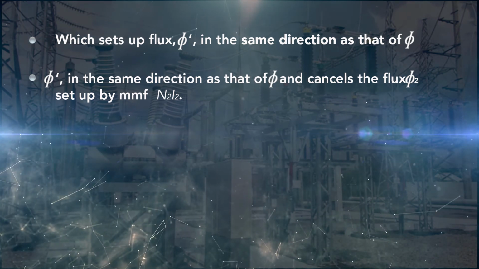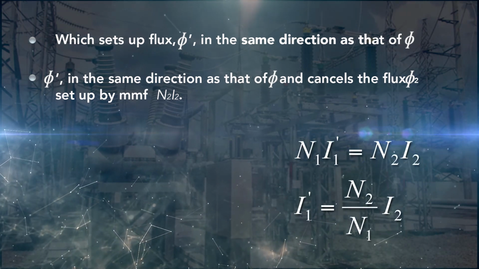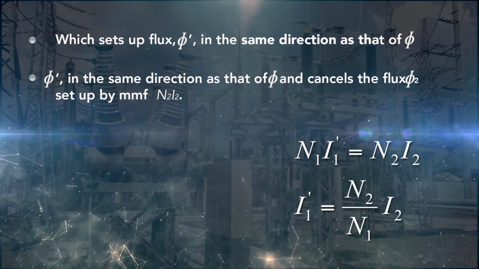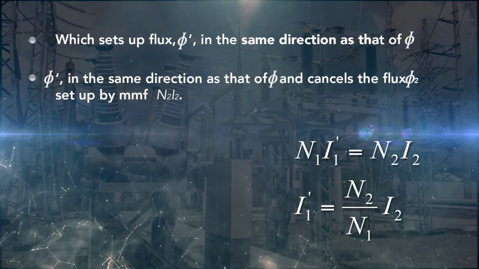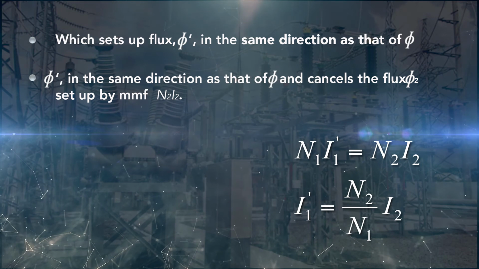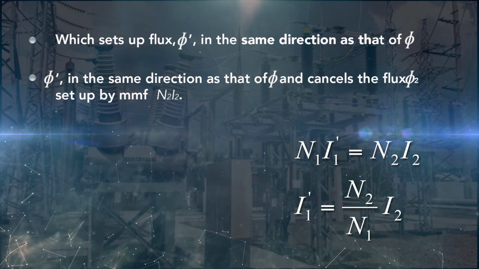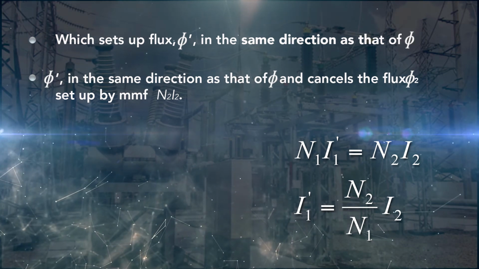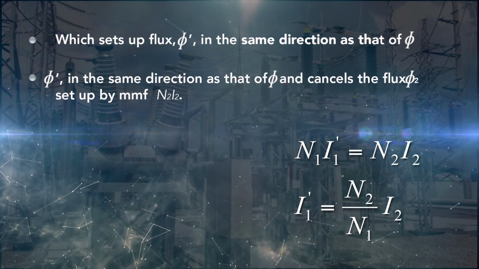So if you write the equation, you can write N1 into I1 dash is equal to N2 into I2, where N1 is the number of turns of the primary coil, I1 dash is the counterbalance current flowing at the primary side, I2 is the secondary current, and N2 is the number of turns at the secondary side.